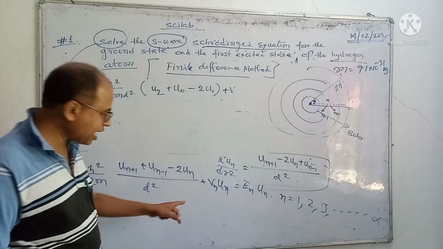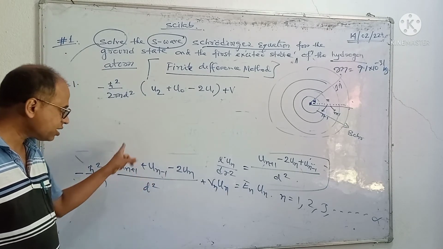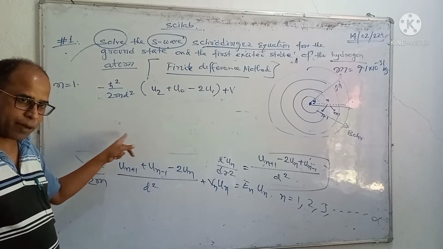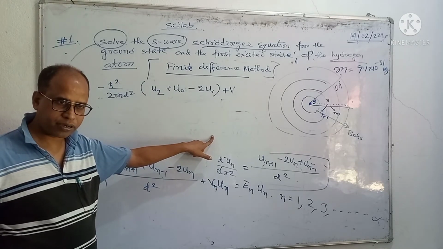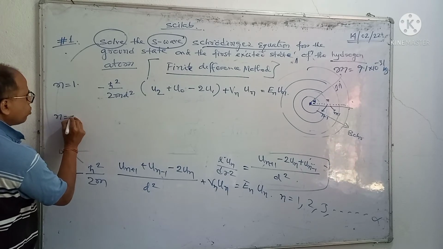Here I am replacing r by n. Here you see no r. Why? Because discrete. I am taking the discrete points. For n is equal to 2, tell me, what will you write?